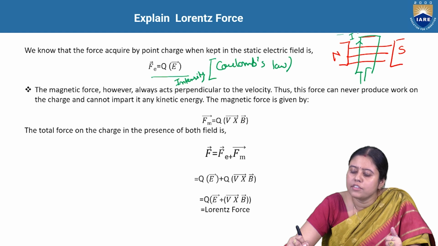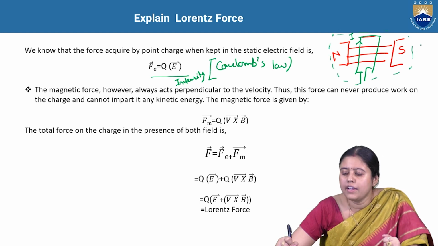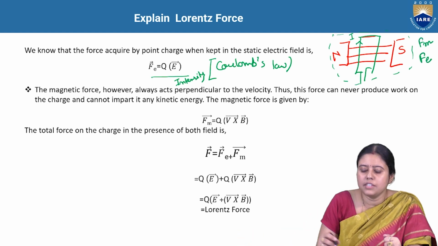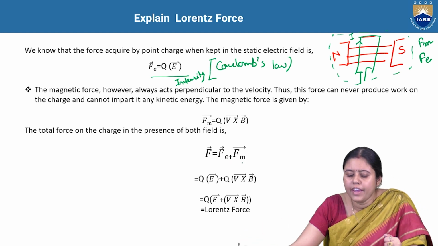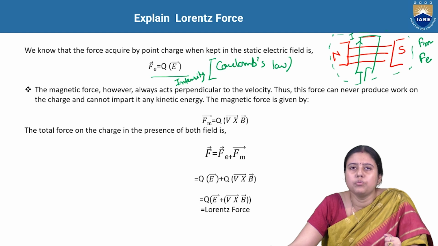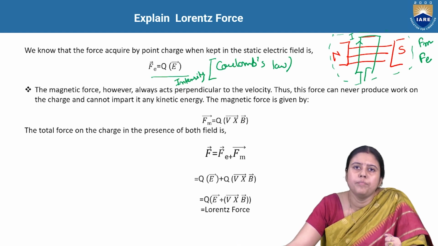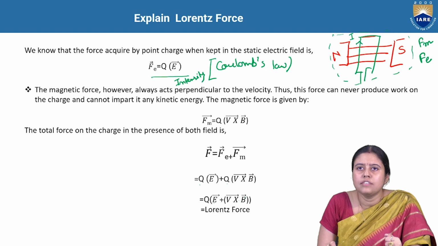So there are basically two types of field present: one is the magnetic field and the other is the electric field, and the total force is Fe plus Fm. Fe is Q into E and Fm is QV cross B. If we take Q common, we get F equals Q(E plus V cross B).